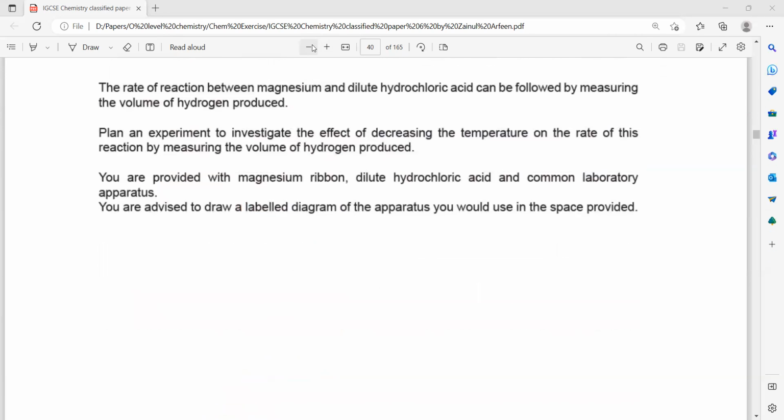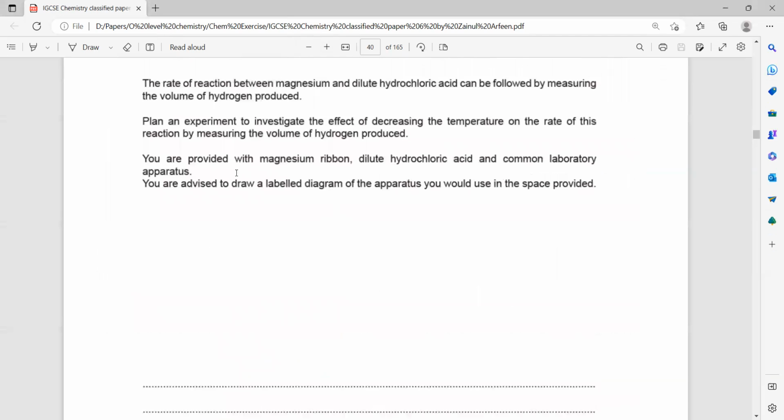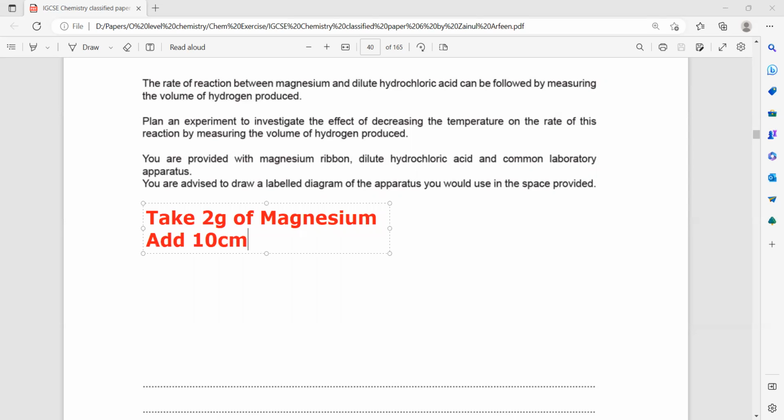So the points: we can say, for example, take 2 grams of magnesium ribbon, then add 10 cm cube of HCl into a conical flask.